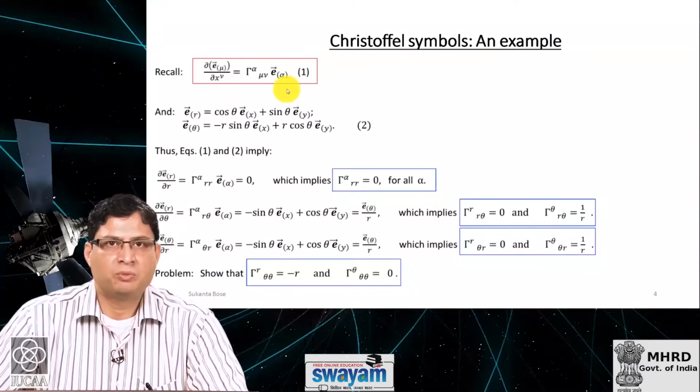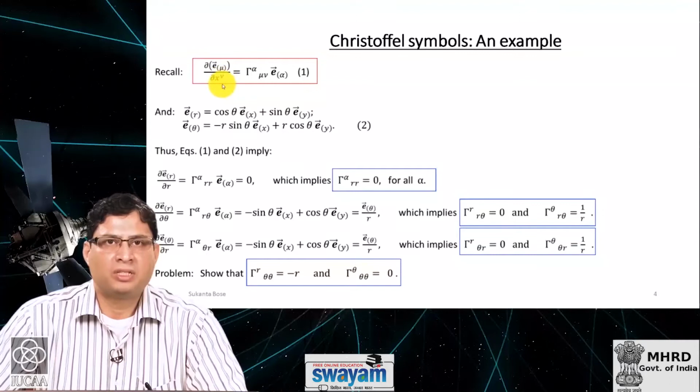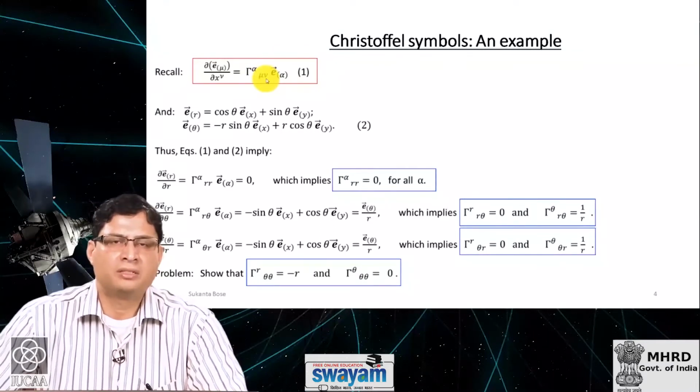We go back to equation 1 and we realize that mu is now r, because we are still working with Er, but nu has to be the theta coordinate. So nu is the theta index. That means in the Christoffel symbol we will be able to figure out, hopefully, gamma alpha r theta, because mu is r and nu is theta. But alpha can be r and theta, so there are two Christoffel symbols that we hope to shed some light on.